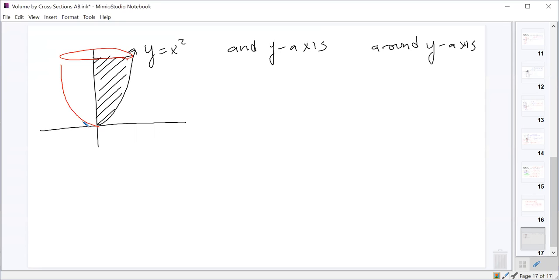Would everybody agree with that? Yep. Perfect. All right, so then what? Cross sections cut as dy should be circles, shouldn't they?